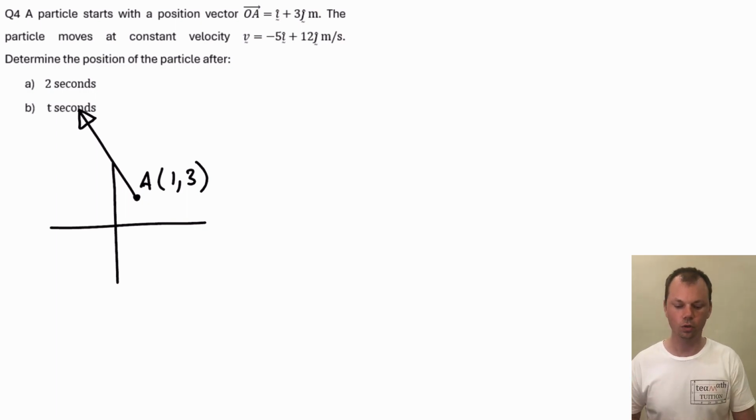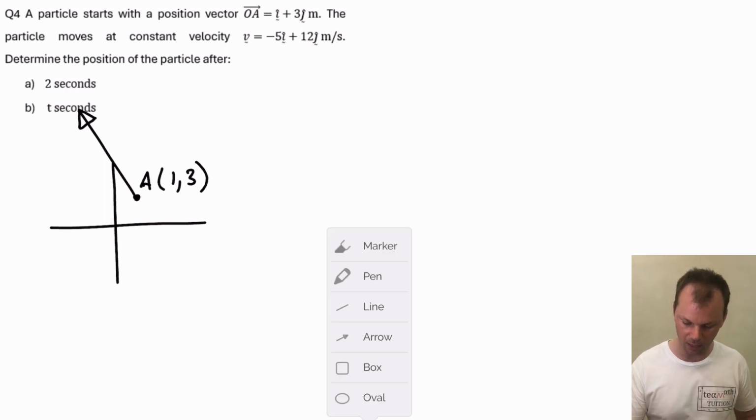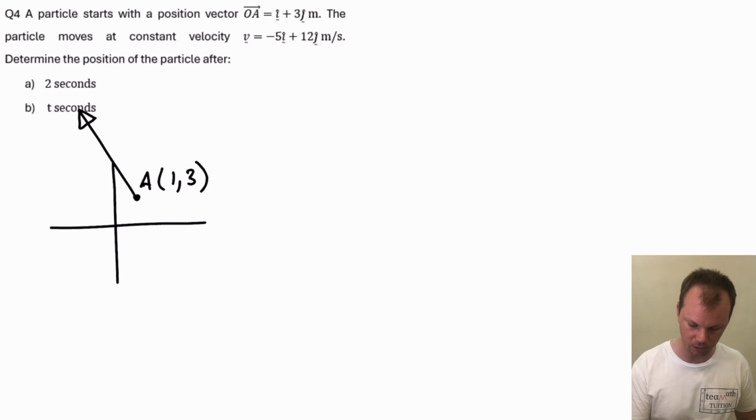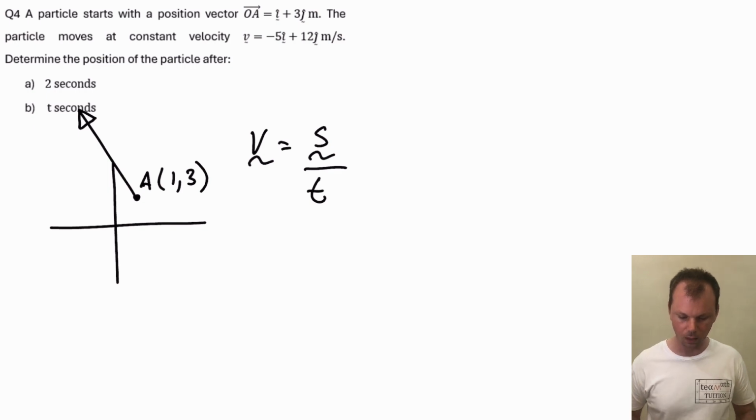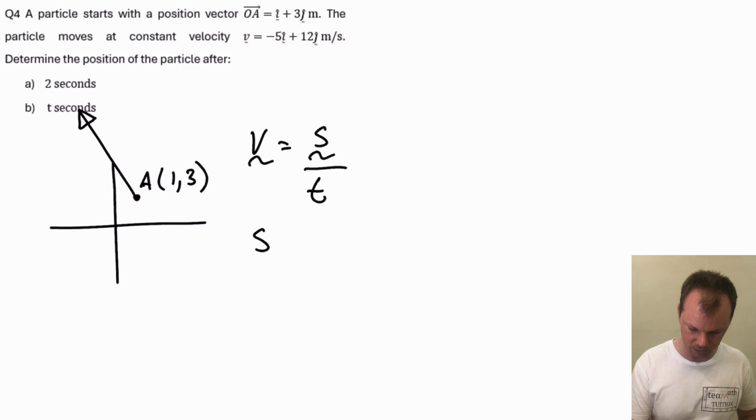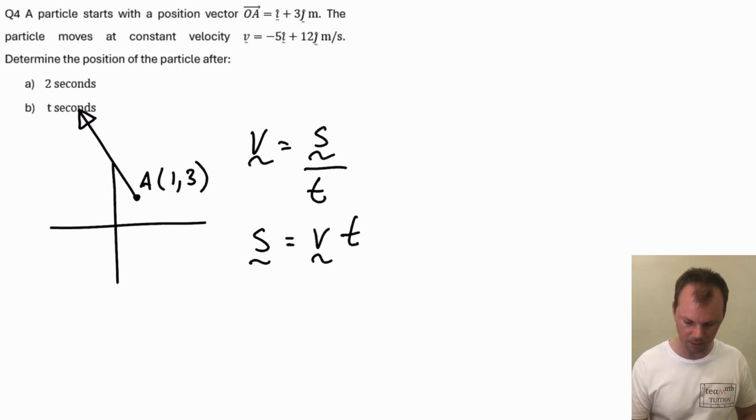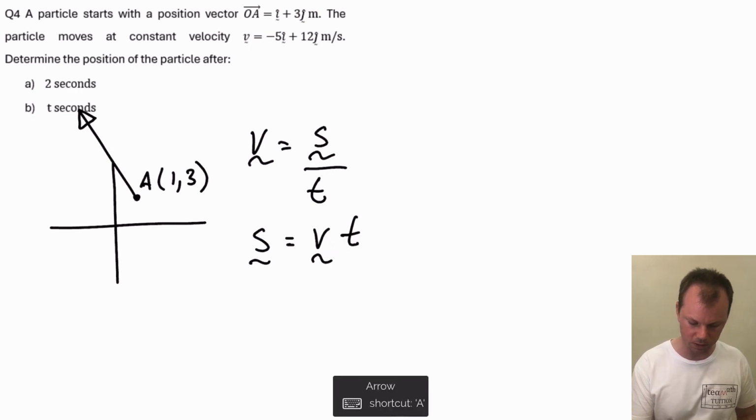We want to know what the position is after 2 seconds. So we've got our 2 formulas. We've got velocity equals displacement over time. If we're using this, we want to know what our displacement is for our picture, right? So displacement is velocity times time. But you can visualize this as being made up of 2 displacements.